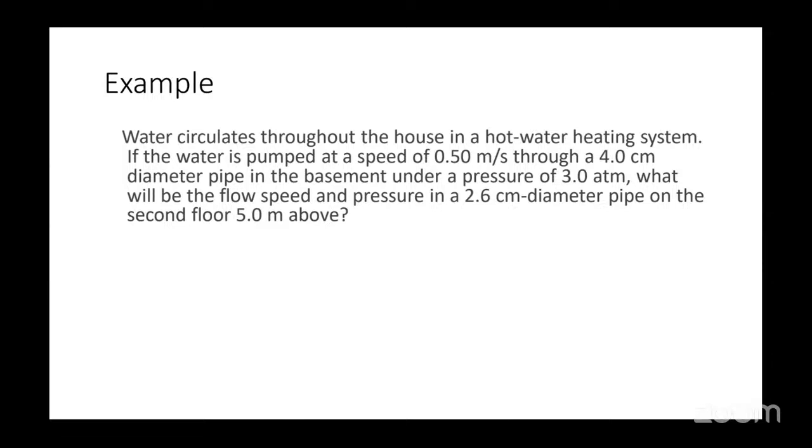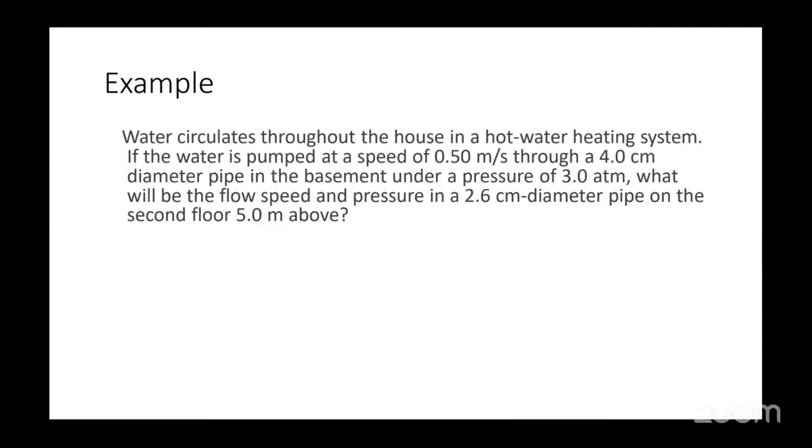What will be the flow speed, that is V2, and pressure P2 in a 2.6 cm diameter pipe on the second floor? So we have diameter 2 that can give us A2, and then we have height, let's say H2, as 5 meters. So the first thing to do here is to find the speed by using the continuity equation.